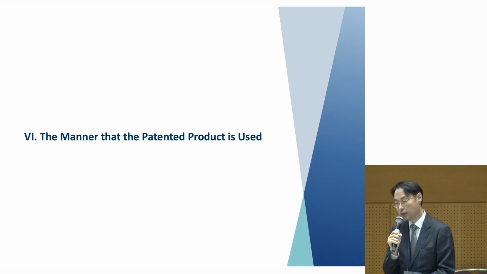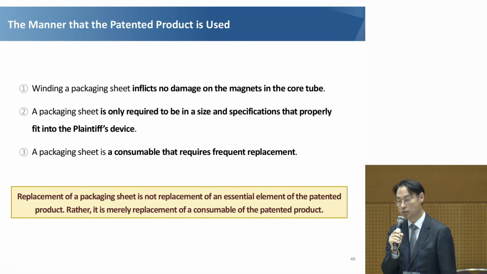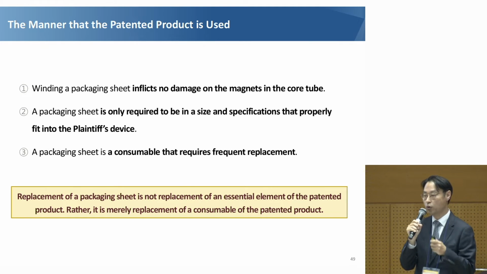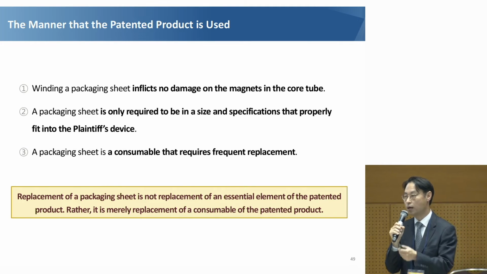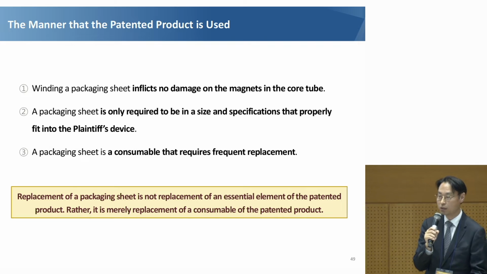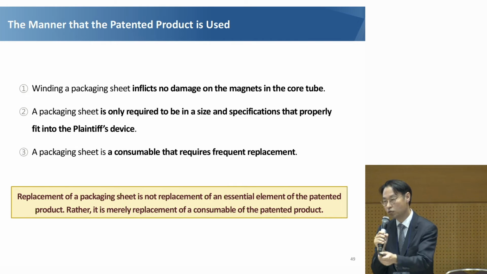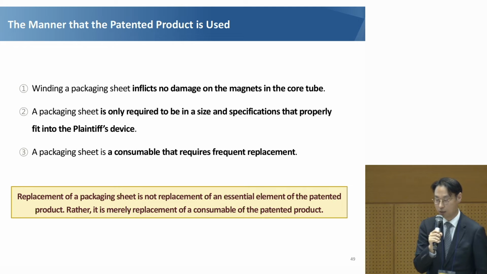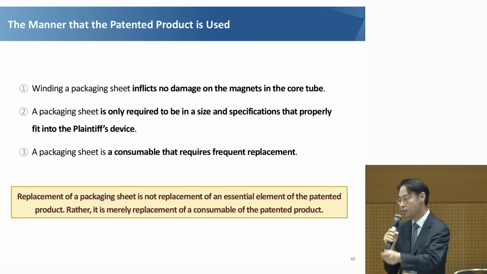Now, the manner in which the patented product is used. First, winding a packaging sheet inflicts no damage at all on the magnets. Secondly, if you have a proper size of packaging sheet, it can fit into the core tube of the plaintiff's. Third, a packaging sheet is originally supposed to be replaced very frequently when it is used up.